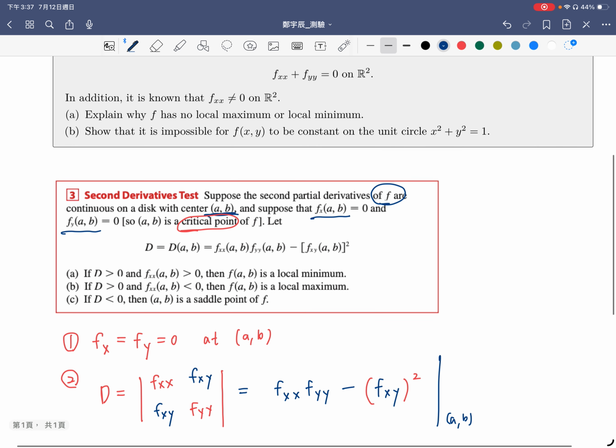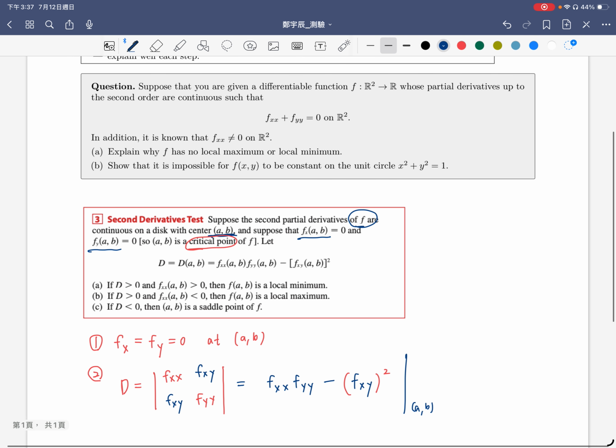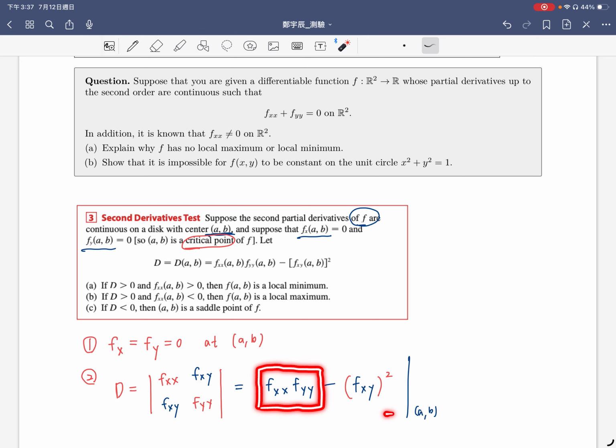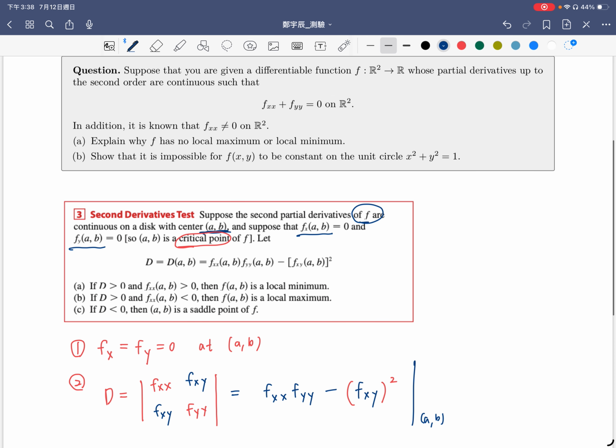All right, let's get back to the question. So now we have a special condition: fxx plus fyy is 0. Let's do some quick calculation.